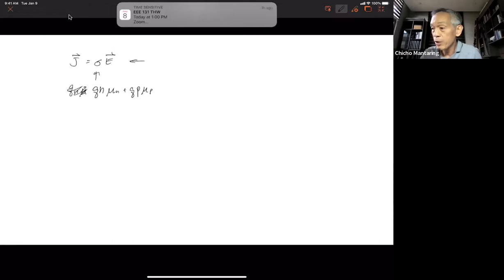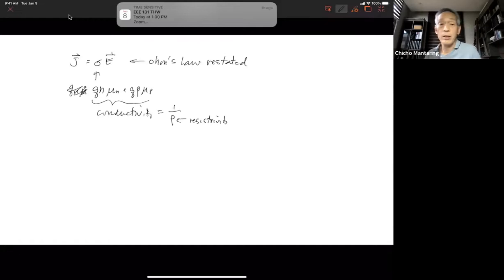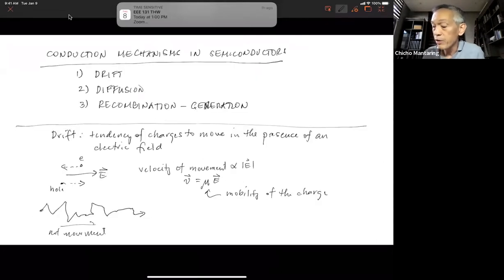And this is Ohm's law restated. So this is your conductivity. This is 1 over your resistivity. This is resistivity. So that's the first mechanism, drift.